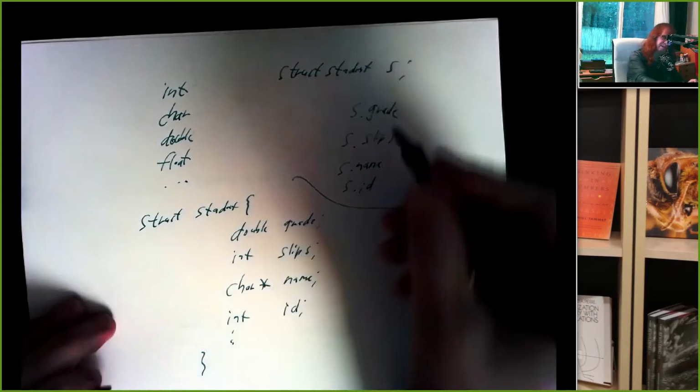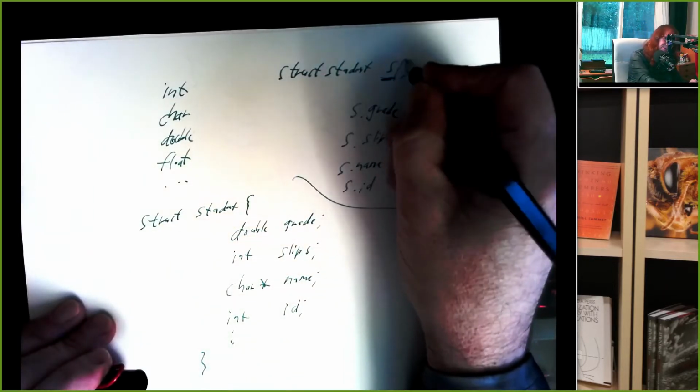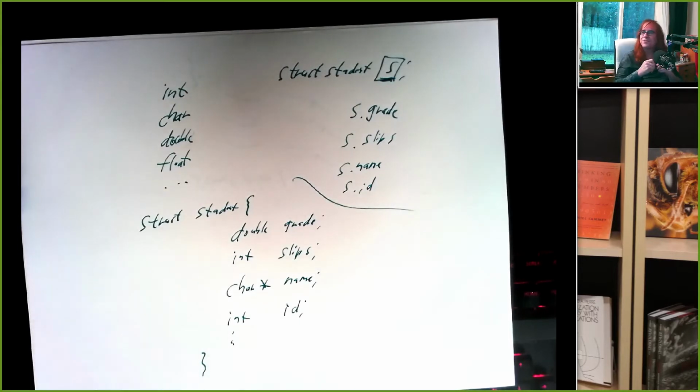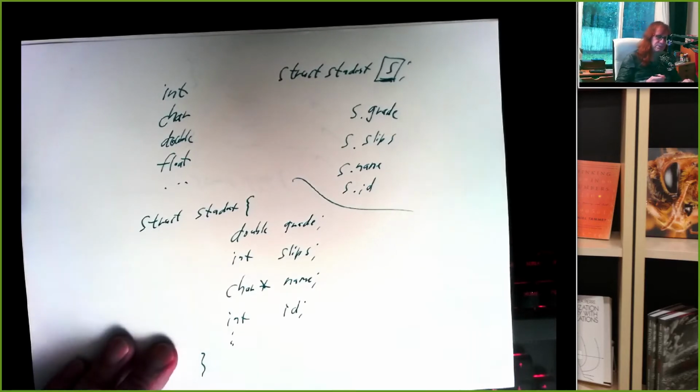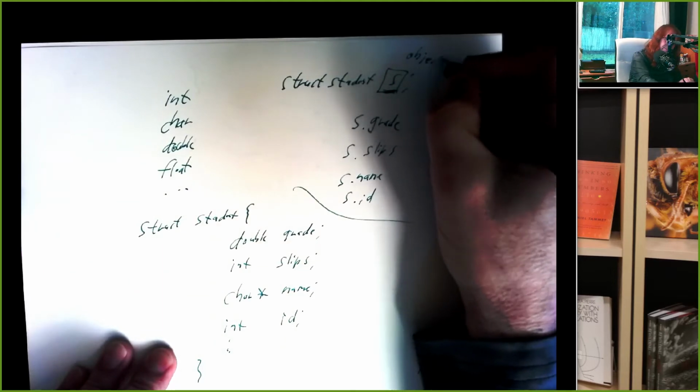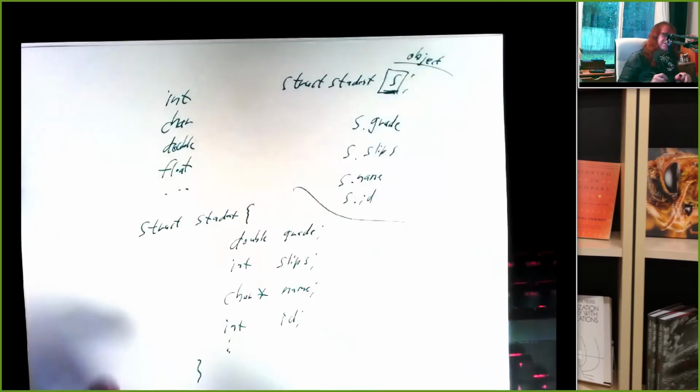And so this s is now a new type of variable. It's not just an int or a char or a double. It's a composite of 4 different variables. So in 223, we would actually call this an object. But for now, I'll just call it a thing.